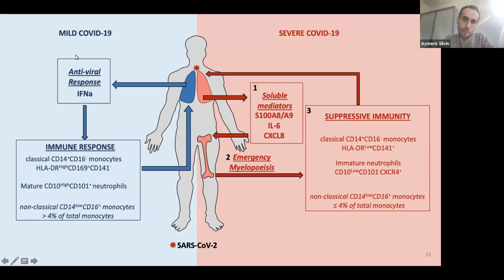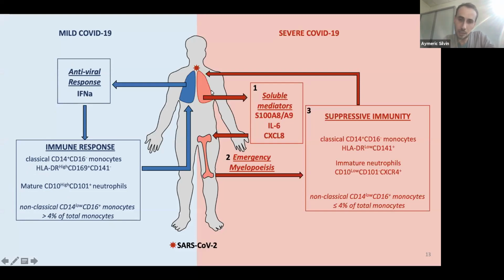We split mild and severe. What we suggest, the data suggests that in mild patients, you have a very strong antiviral response, interferon alpha mediated, and that the immune response remains functional, meaning that you have classical monocytes that express their HLA-DR, you keep mature neutrophils, and you can still have non-classical monocytes in the blood.